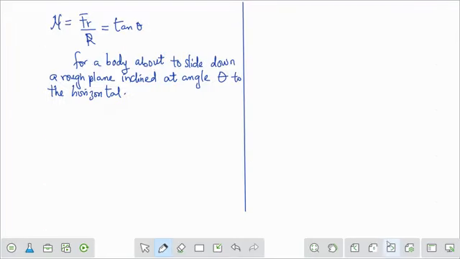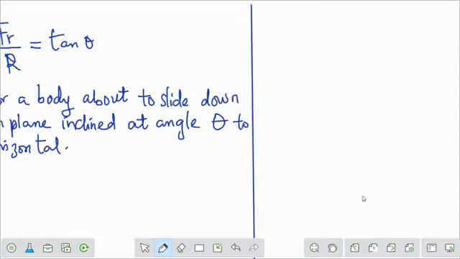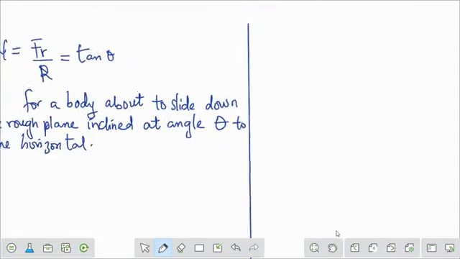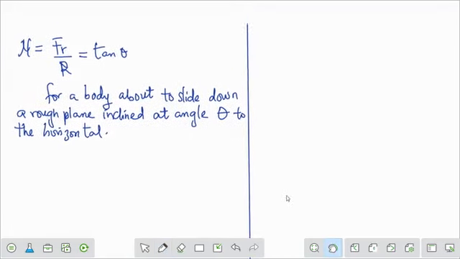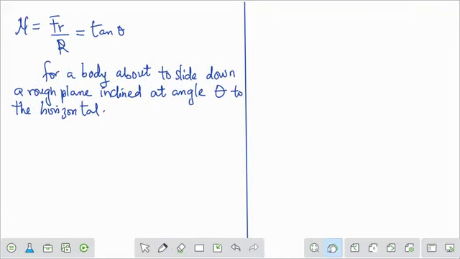Now don't forget, I said mu is equal to, let me try to explain. I told you that mu is equal to what? Fr over R, right? And I already told you that Fr is mg sin theta. And I told you that R is mg cos theta, right?